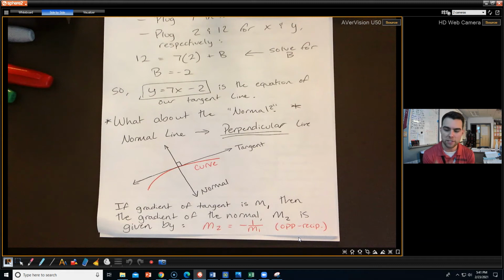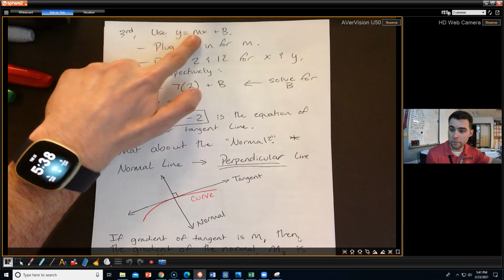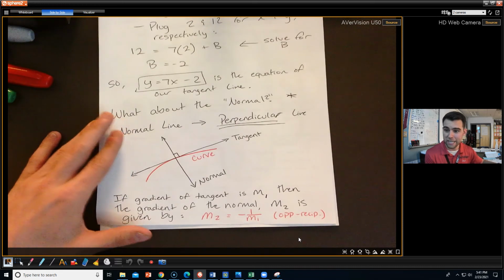Essentially, it's the opposite reciprocal of whatever our slope of our tangent line is. So if we need the equation of a normal line, it's as simple as what we did to find the equation of the tangent. But once we get our slope, we do the opposite reciprocal, and then we plug that in for m up here, and then solve for b, and we get our y equals mx plus b for that line. Okay? So let's see an example using it.